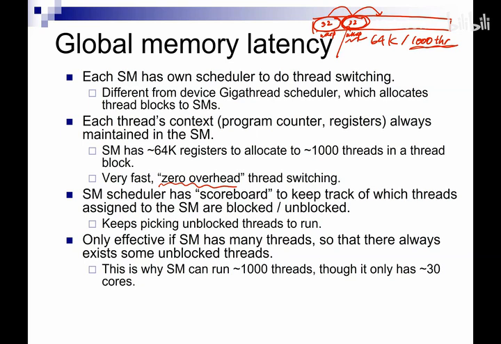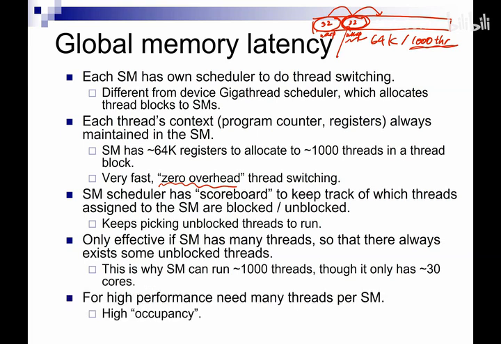Why do we need to do that? Because we want to achieve this massive multi-threading, which is used to hide the latency of the global memory. So we need a high occupancy.